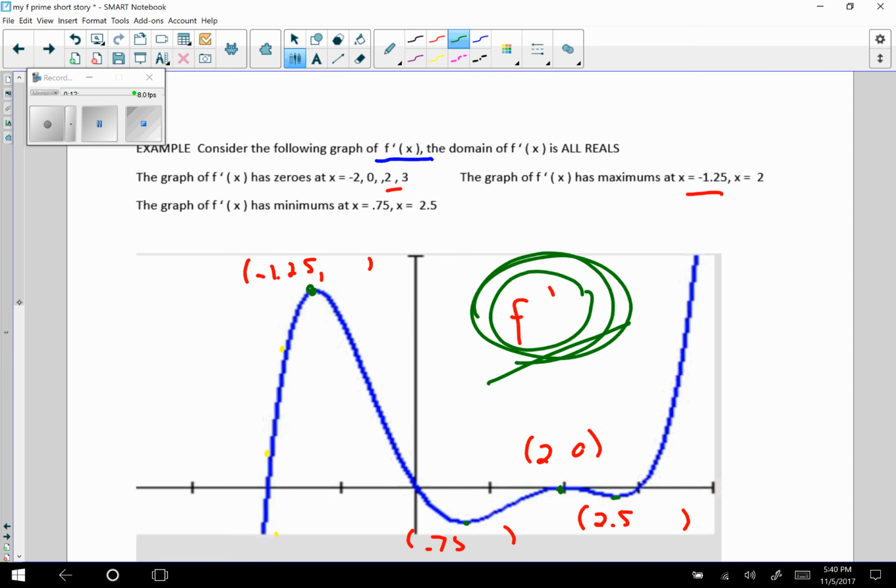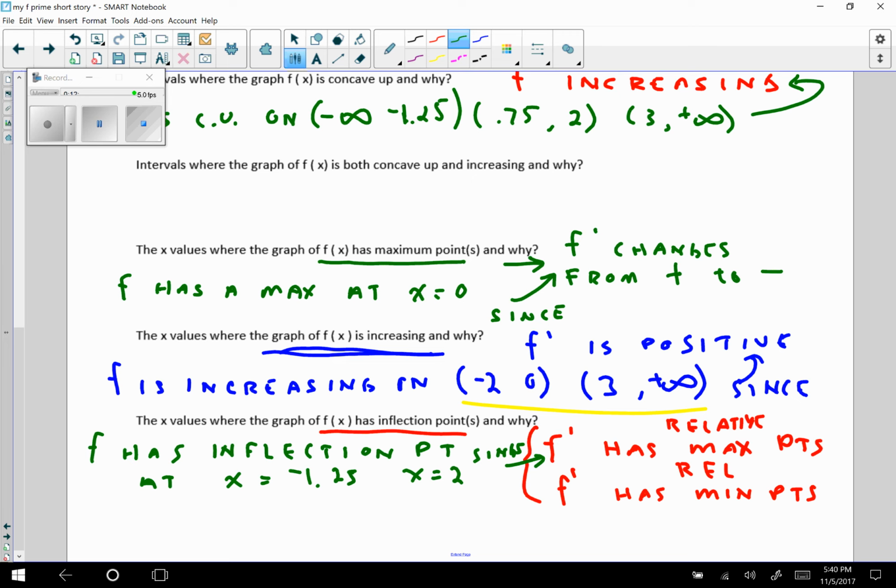So let's go back to our question. F also has inflection points at x equals 0.75 and at x equals 2.5. Why? Since f prime has minimum points there. This would be your reason.